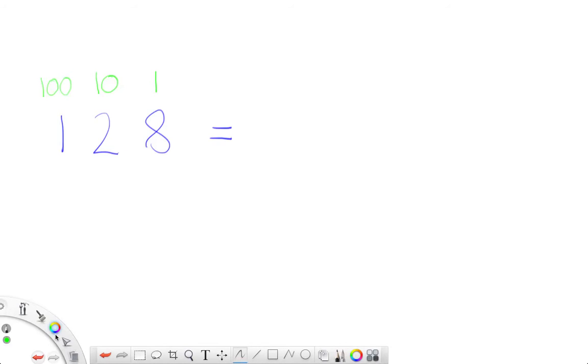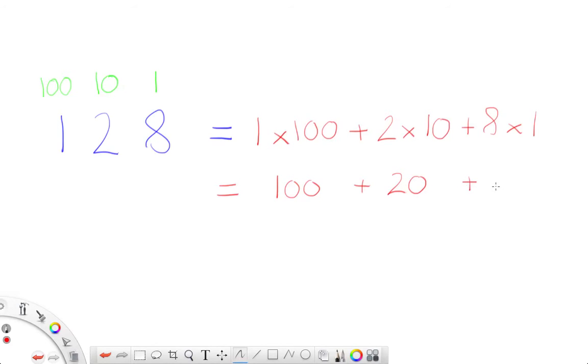So in other words, we could write this out as being 1 times 100 plus 2 times 10 plus 8 times 1, which is 1 times 100 is 100, 2 times 10 is 20, 8 times 1 is 8, so the total that we're representing here is the number 128, although of course I've used the same representation so it looks the same.